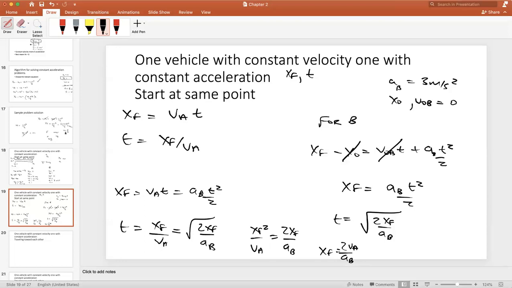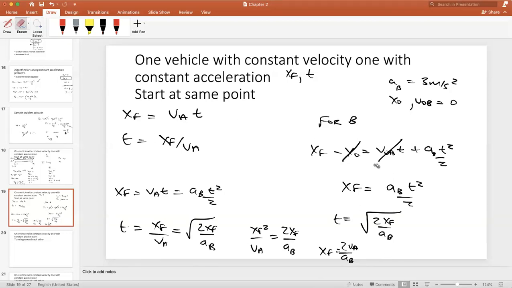T, same thing, if I divide through by t and multiply by 2vA over aB. Have I done something weird here? Because I shouldn't be getting the same thing. Something's bugging me, I've done something weird here.